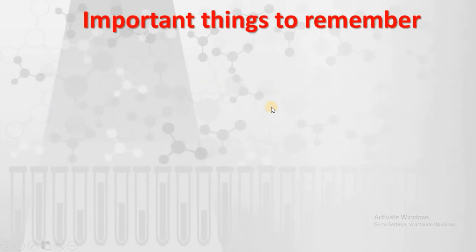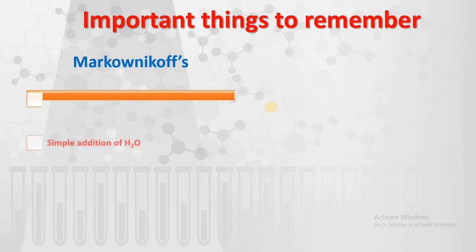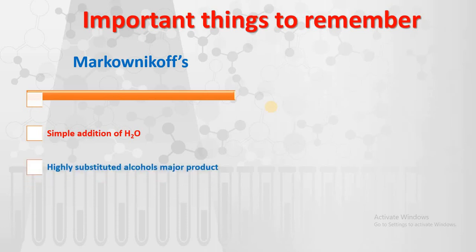What are the important things you have to remember in Markovnikov's and anti-Markovnikov's addition? Markovnikov's addition is a simple addition of water molecule, and the highly substituted alcohol is obtained as a major product. This is also called Markovnikov's rule.